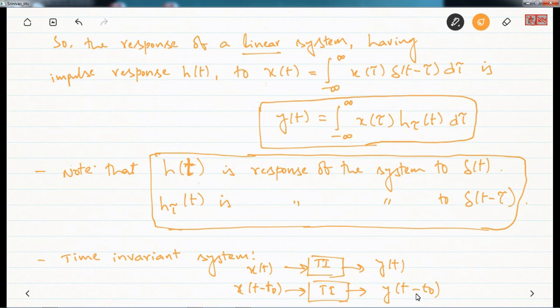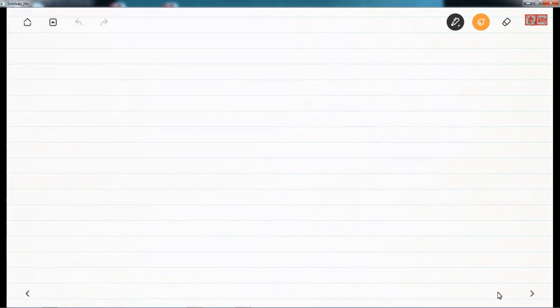Right? So if the input is shifted by t naught units in time, the output is also shifted by t naught units in time. So that is a time invariant system.